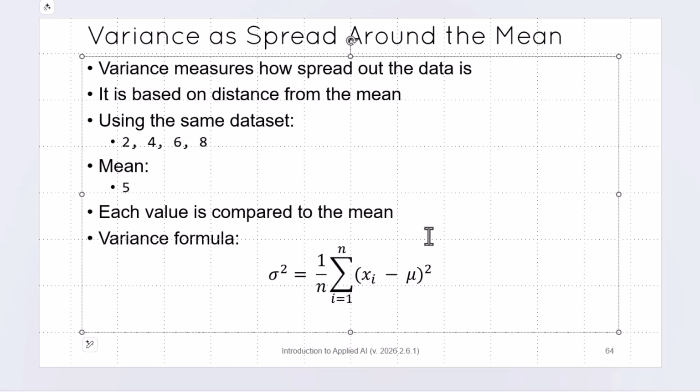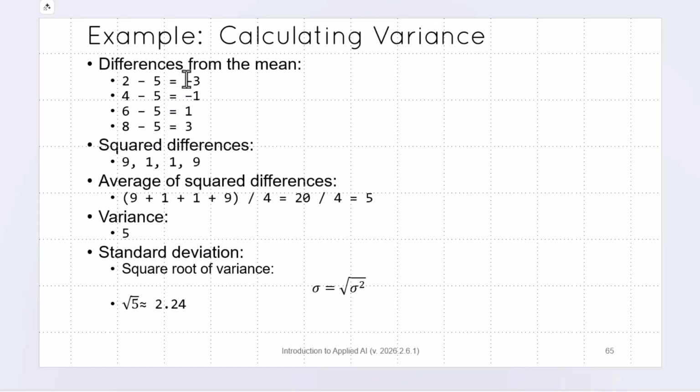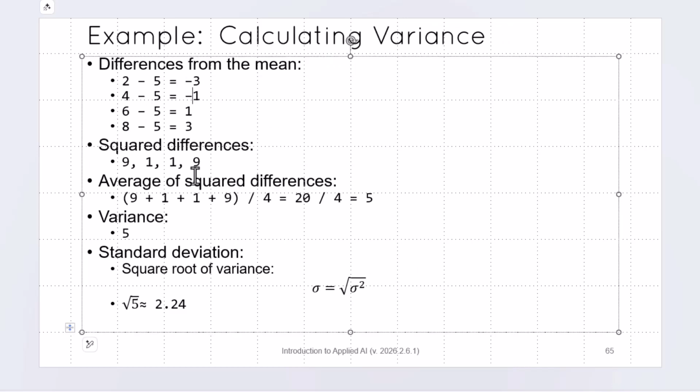The magic of screencasting. I fixed it. You have to actually square each of these differences, and that gets rid of the negatives, of course. So you end up with 9 plus 1 plus 1 plus 9. That's 20, because 9 plus 1, 1 plus 9, two tens, is 20. 20 divided by 4 is 5. So in this case, the variance is also 5.